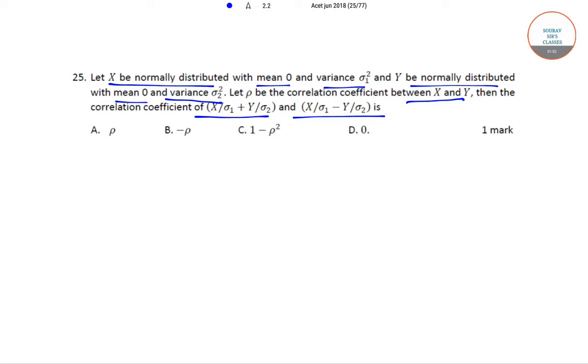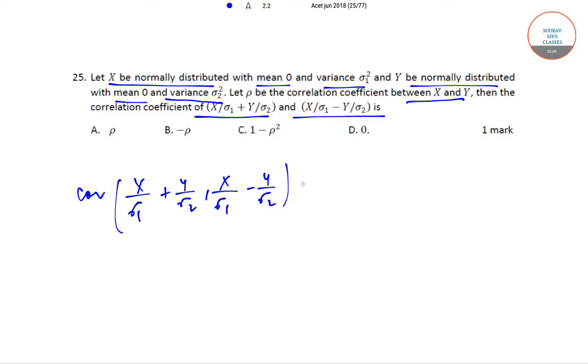So first let us find the covariance between these. So covariance of (x by sigma 1 plus y by sigma 2, x by sigma 1 minus y by sigma 2).